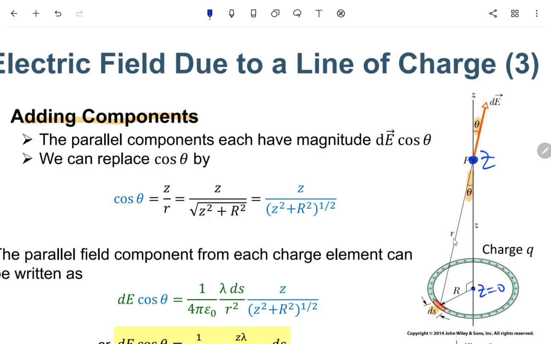Although that is not the known variable here, the known variable will be z rather than r, because as much as you get the ring, we would like to find the E field along the z-axis, similar to the electric dipole. The expression of the E field is elegant only on this z-axis.